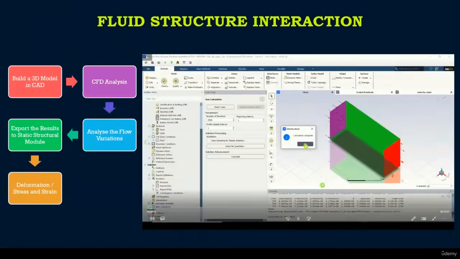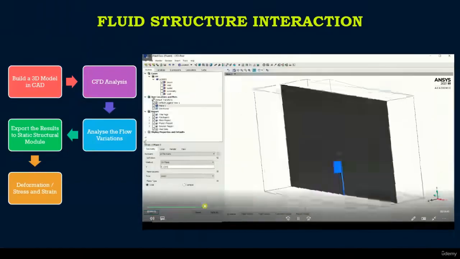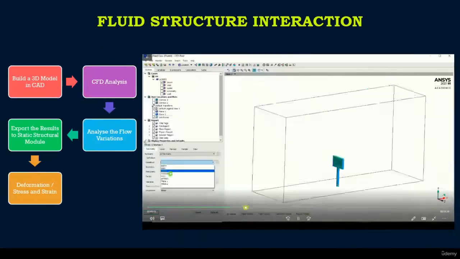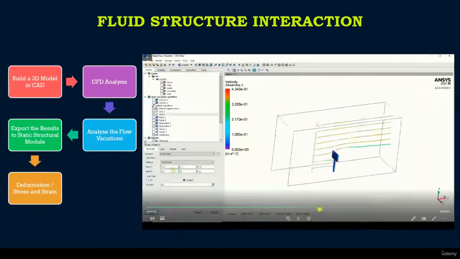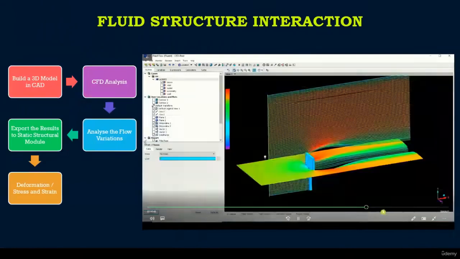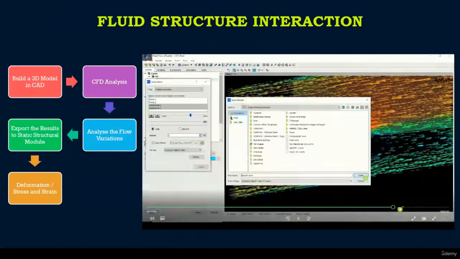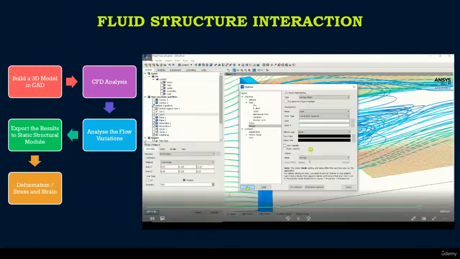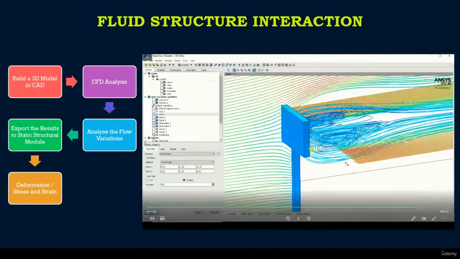The next project will help you understand what fluid structure interaction is, that is the FSI analysis. This is one of the conceptual projects in which we will be working on simulating the flow over a three-dimensional object. We will be performing a CFD analysis on it to evaluate the pressure acting on the body.